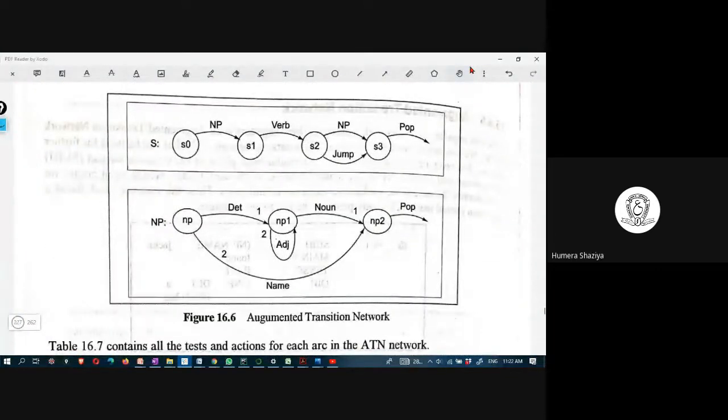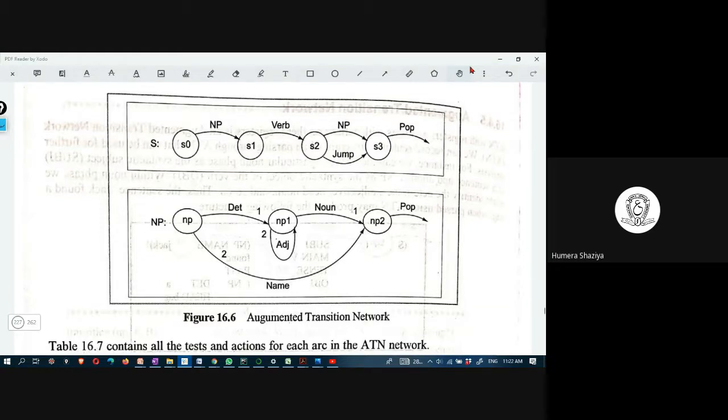Example of this augmented transition network. S is the beginning. S0 on getting NP moves to S1, and when it finds a verb, it switches to S2. When it is in S2, without any noun phrase also it can jump to S3.